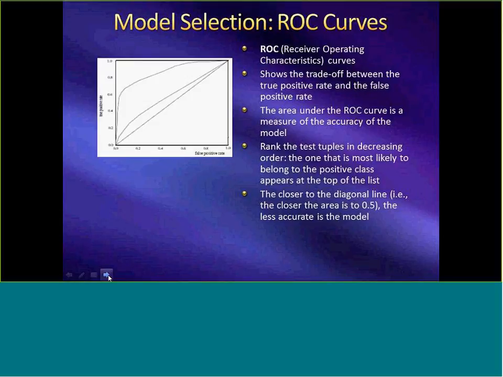One of the things we use to compare different models is the ROC curve, which is the receiver operating characteristic curve, and it very visually represents the false positive rate, which is on the horizontal axis, and the true positive rate, which is on the vertical axis.